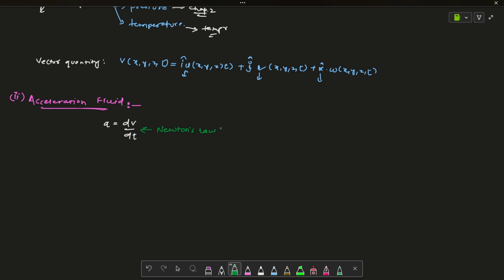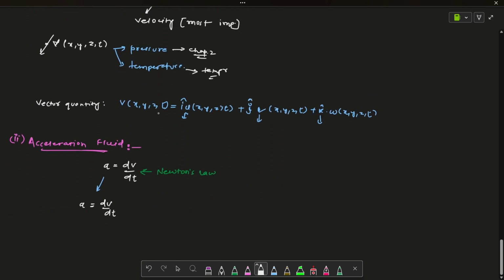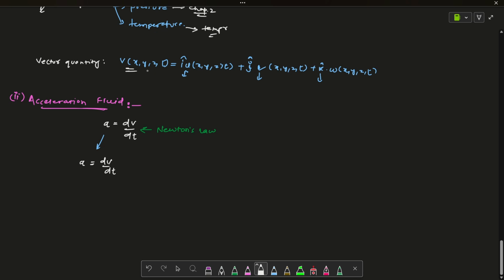Okay, so in order to describe the flow of a fluid in the Eulerian description, the acceleration field is defined as the overall dV by dt, and we know dV is written here.